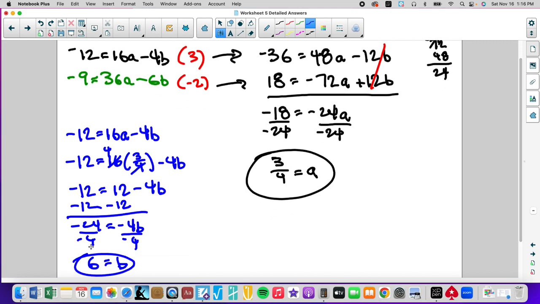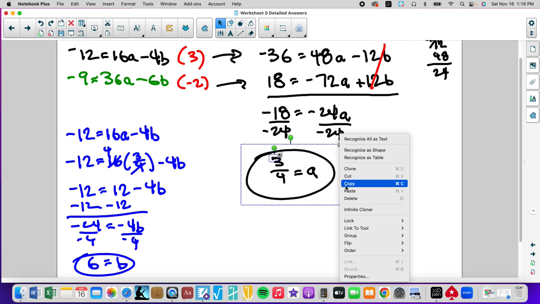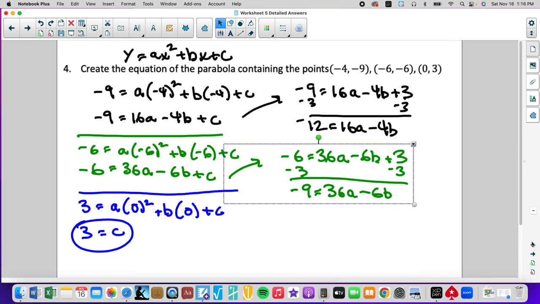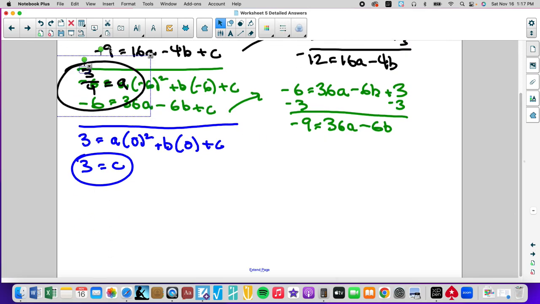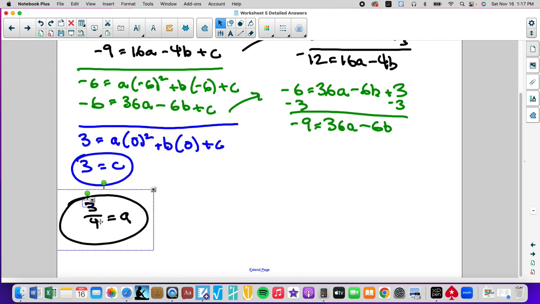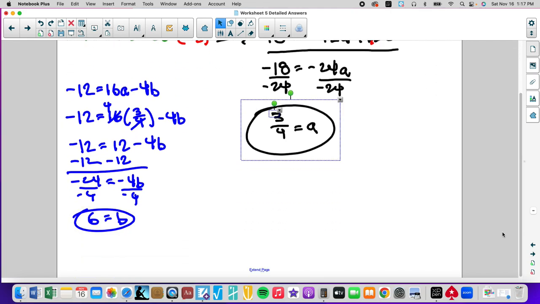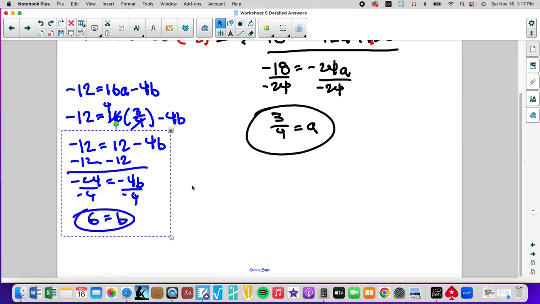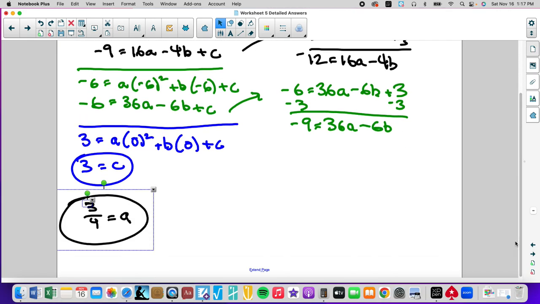So I have my a, b, and c. So taking this, let's copy. Let's put that back down here. Let's paste. And let's copy my b. Let's paste that.